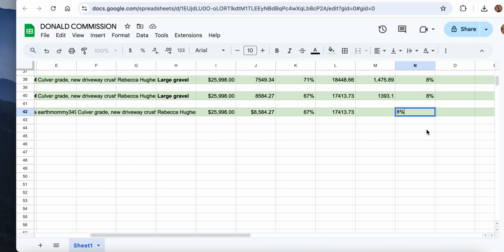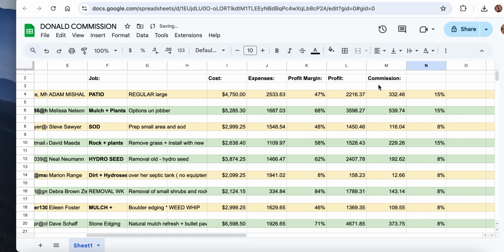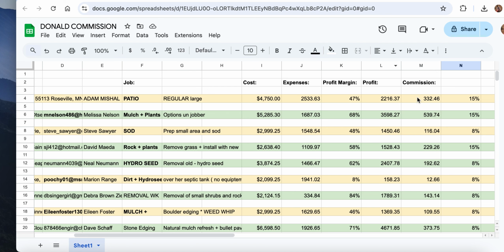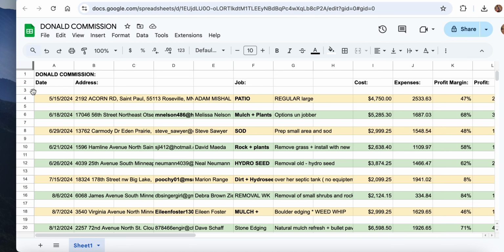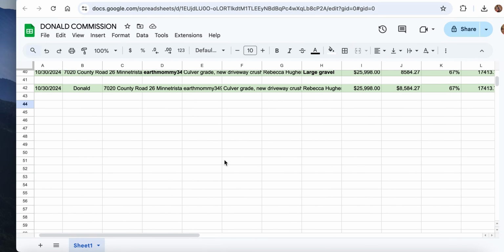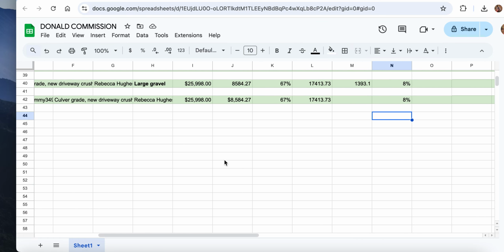So you're going to put 8% in here in the commission box for the percentage. If you look at the top here, we've got the commission dollar amount, job profit, job margin, expenses, cost, the job, client address, date, client name. So it's set up the same as all of our other spreadsheets so that you're able to copy and paste the information right in.